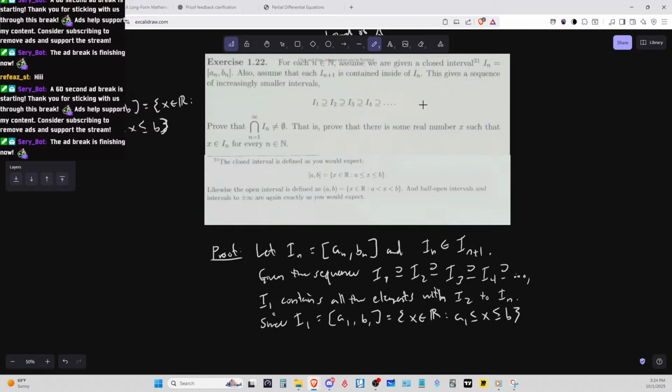Unless they wrote that backwards. I don't think that's what happened, but it says that, assume that each I_{n+1} is contained inside... Oh, okay. So the previous one contains all of it, so it has to contain all of these.